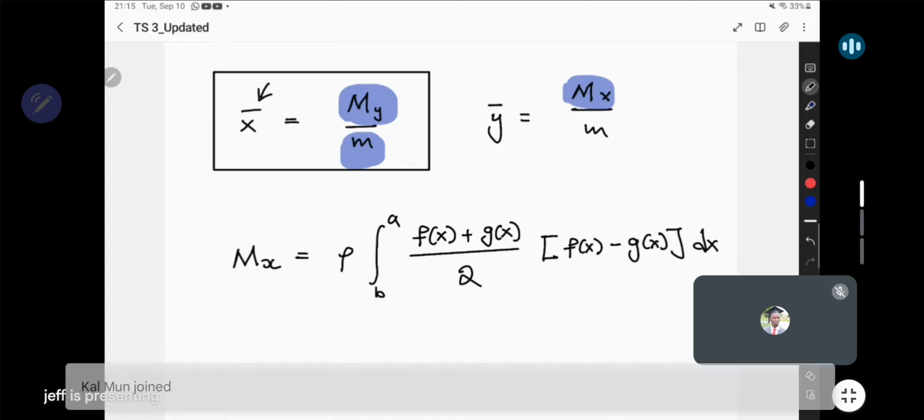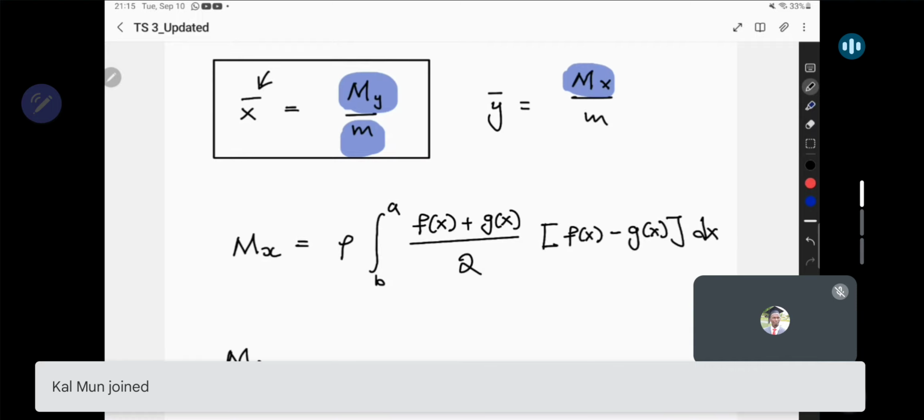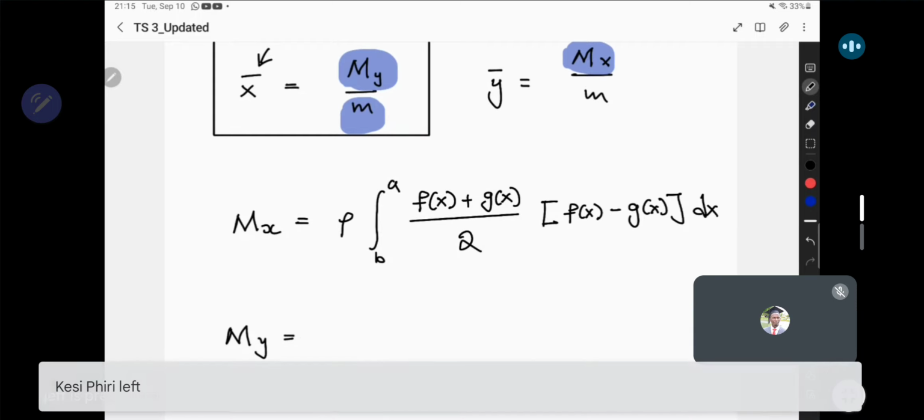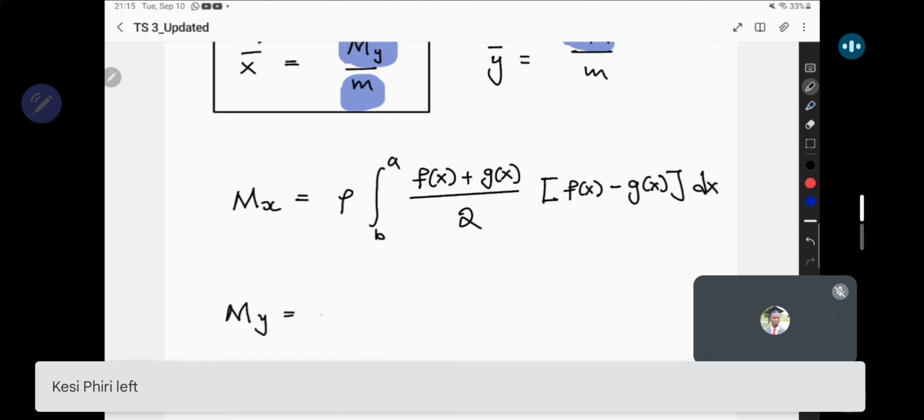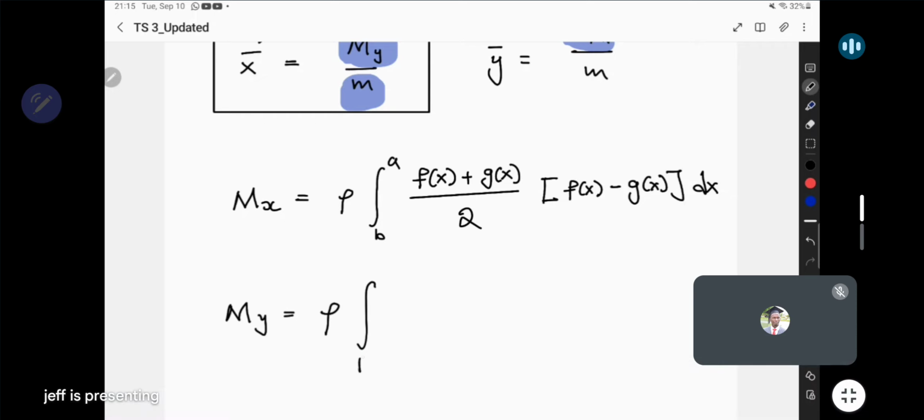And if you're trying to find the moment about the y-axis, this is going to be the density. And then the integral, still the same, I'll say from B to A. And then in this case, since this is about the y-axis, instead of going for the summation here and then divided by 2, the expression is just going to be x.